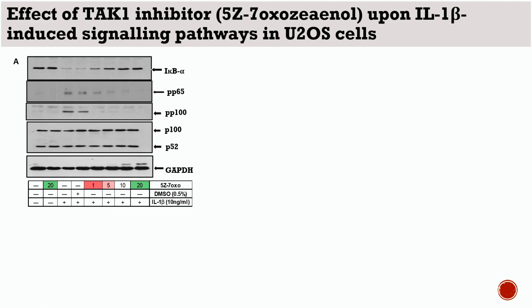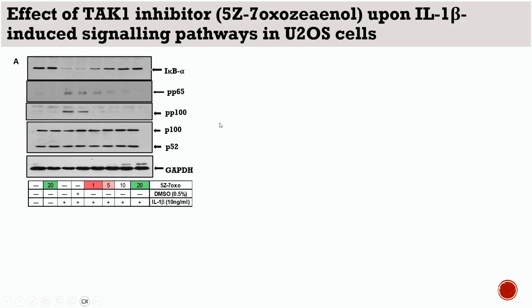I also assessed the upstream kinase to see the effect on these signaling pathways. As we can see, the TAK1 inhibitor I assessed is 5Z-7-oxozeaenol, abbreviated as 7-oxo.